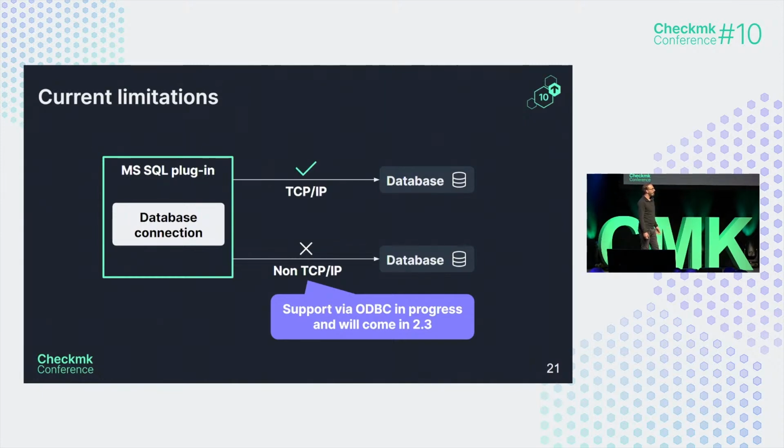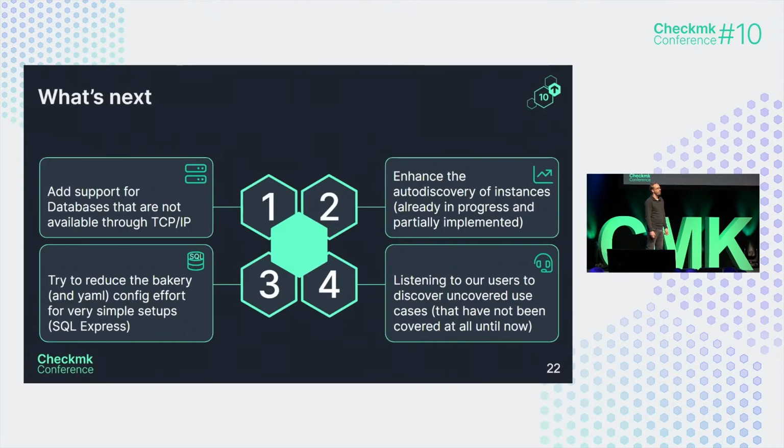So our journey has not come to an end, but it marks an important milestone and is the start of a big step forward. So what's next? First, we will work on the coverage of setups not having TCP/IP enabled by default, as I said right now. And in the last days, we have already made big steps forward in this case.